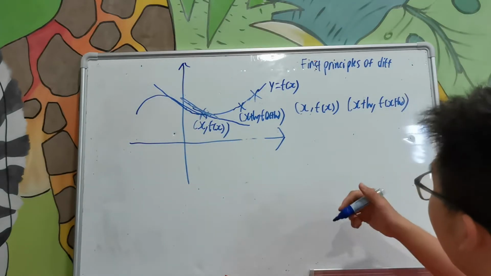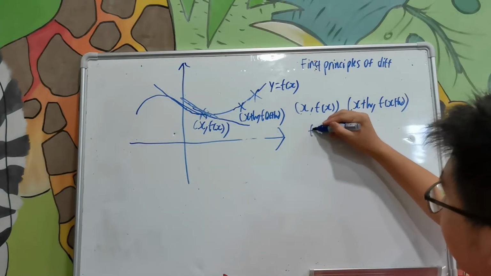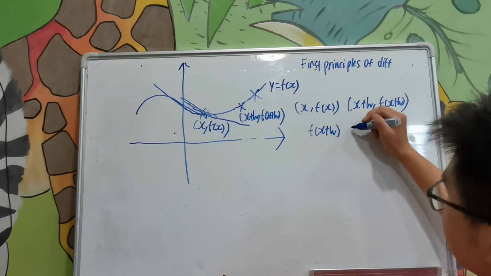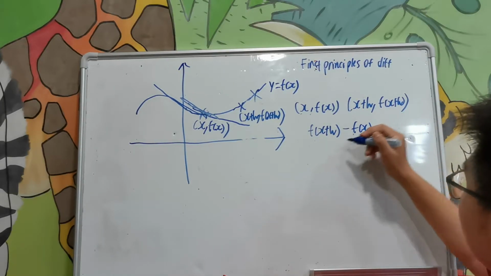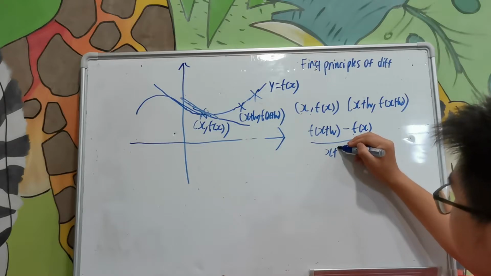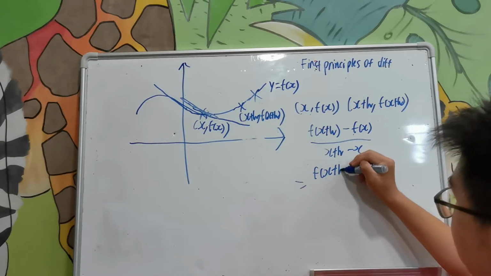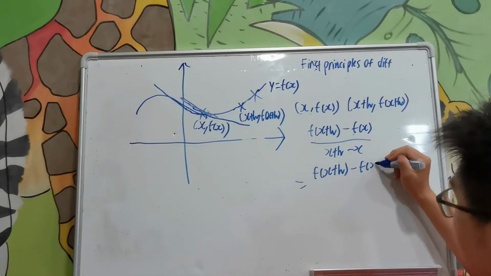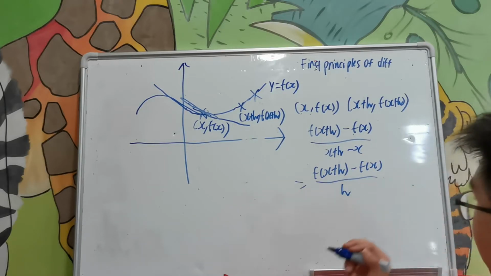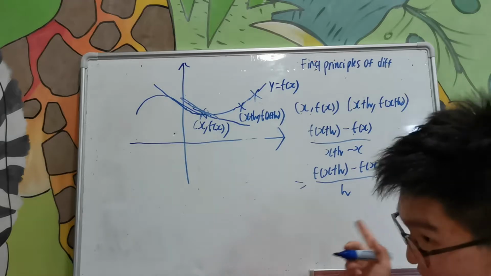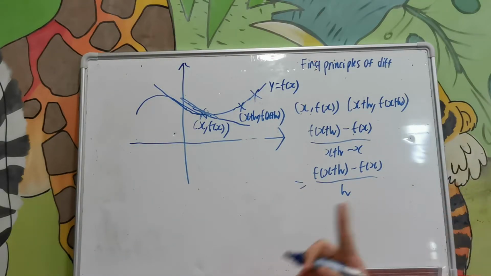So using our y2 minus y1 over x2 minus x1 formula, we get f(x+h) minus f(x) over (x+h) minus x, which is equal to f(x+h) minus f(x) over h. So this is called differentiation by first principles, but we are missing one thing.